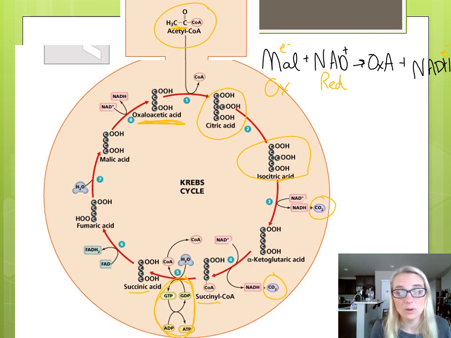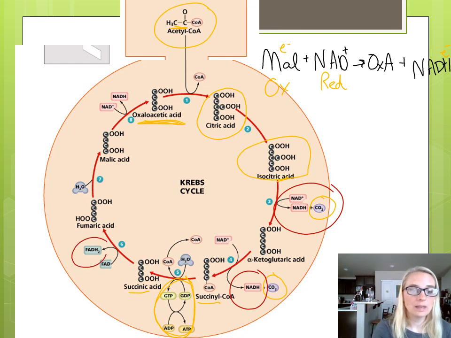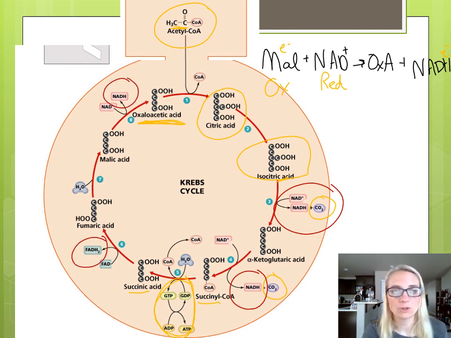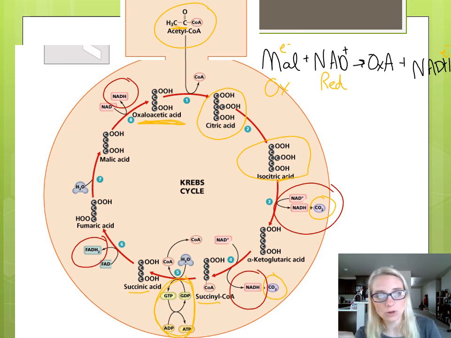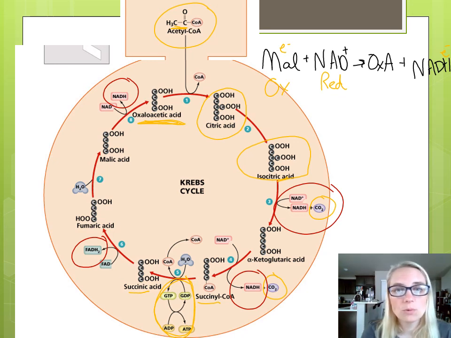We see the things that go in, we see the things that come out, but why do this? Well, every time we do a redox reaction, we are gaining energy in the form of those electrons, the NADHs, the FADH2s, all those electrons that are getting stripped away from the carbon molecule that originated as glucose, that catabolic pathway.